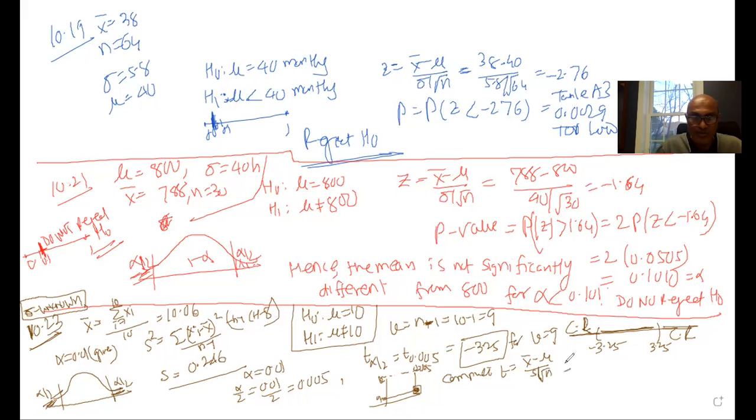If I plug in the values, x bar is 10.06, and my mu value is equal to 10, divided by 0.246, that is my S value, divided by square root of 10. If you use your calculator, you're going to get 0.77, and 0.77 lies over here. So do not reject H0.